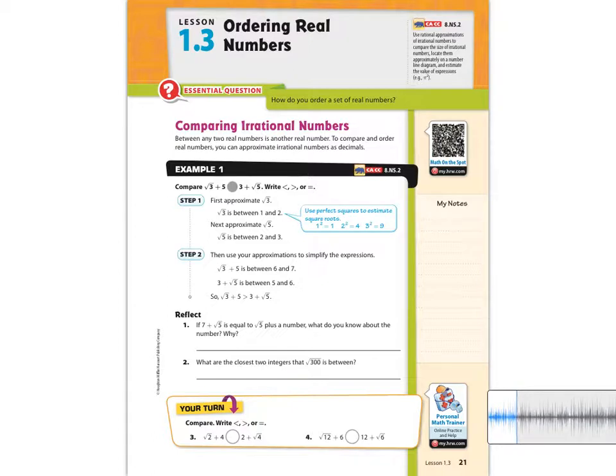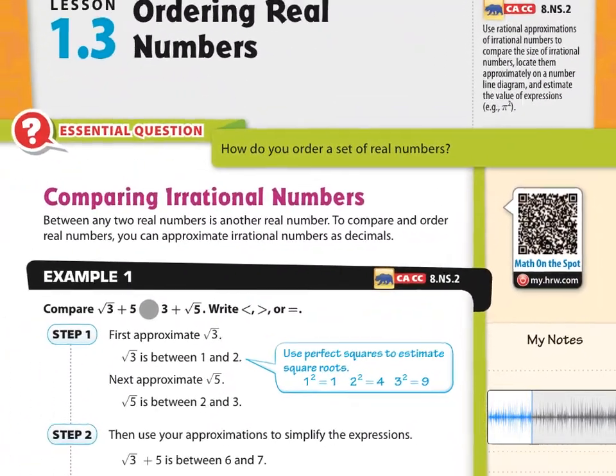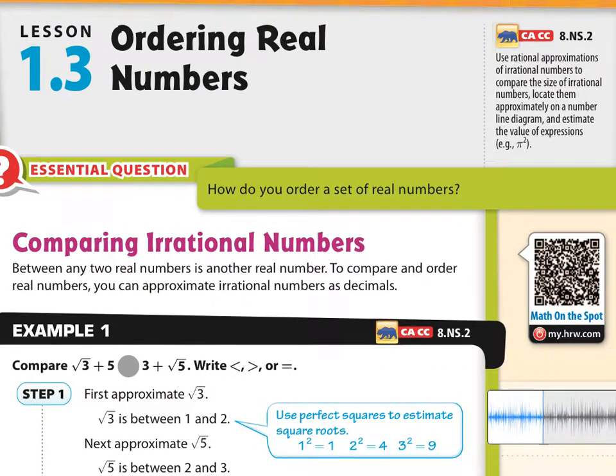This is lesson 1.3 in Math 8, ordering real numbers. And the essential question is, how do you order a set of real numbers? The standard 8.NS.2, you'll see up at the top right, is what you're really learning here.